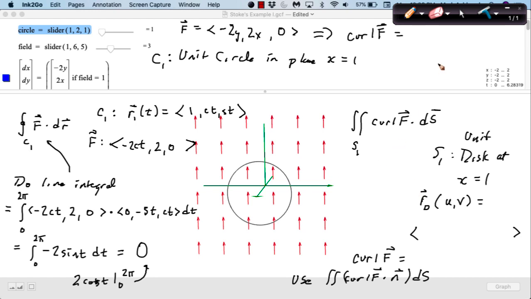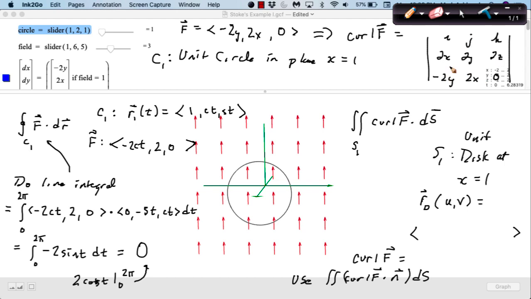Okay, how about the curl of f? So for the curl of f, i j k partial... This is what you did? 0, 0, x is 0.